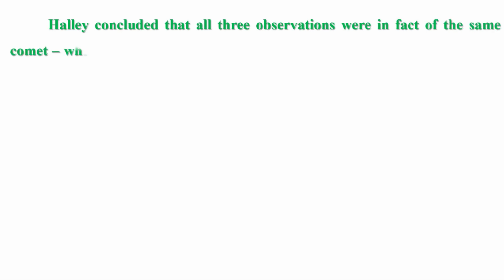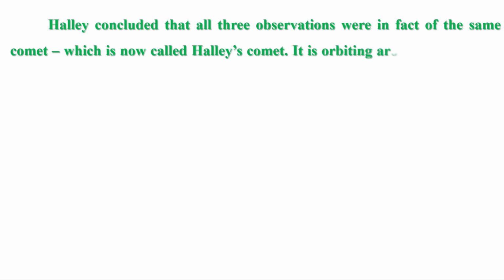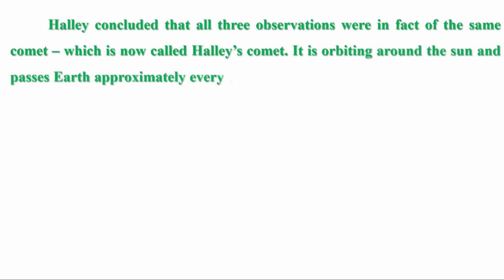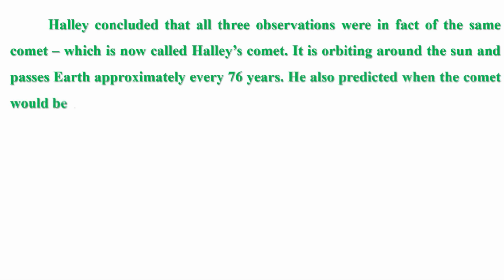Halley concluded that all three observations were in fact of the same comet, which is now called Halley's comet. It is orbiting around the Sun and passes Earth approximately every 76 years. He also predicted when the comet would be visible next.